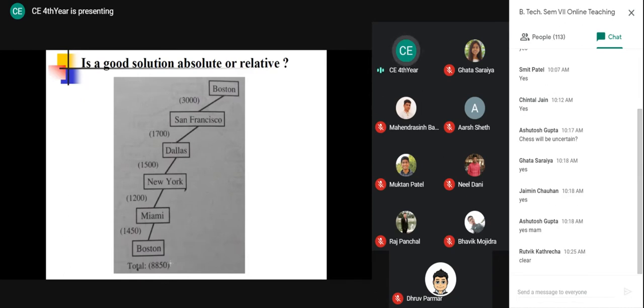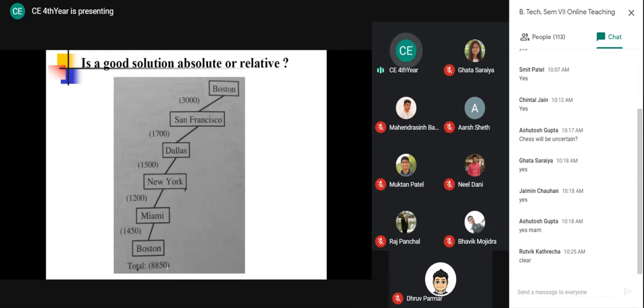The answer is we cannot be sure unless we try other paths to make sure that none of them is shorter. Again, I repeat, the salesman could start at city Boston, and here I am getting the distance 8850. Is this the solution to the problem?